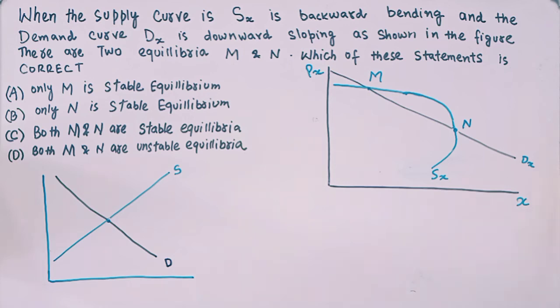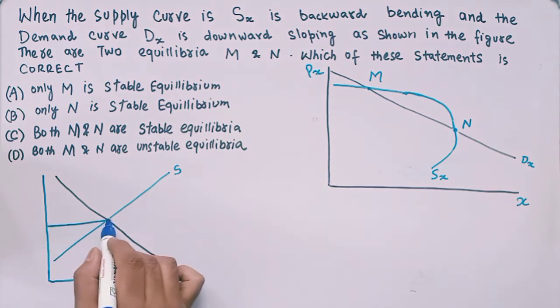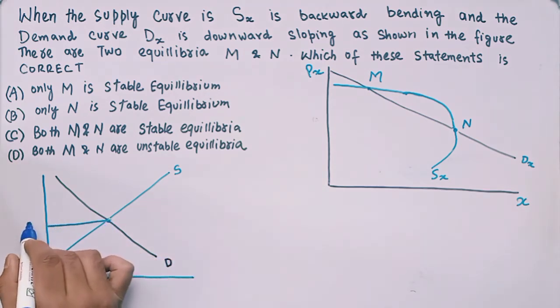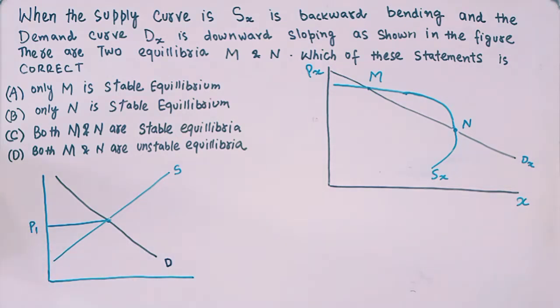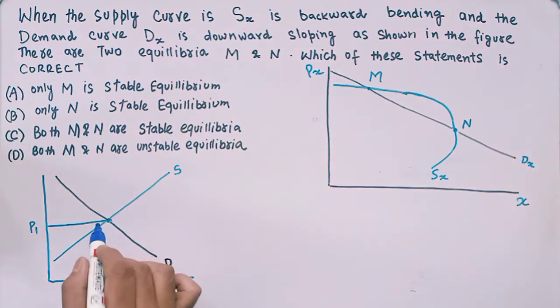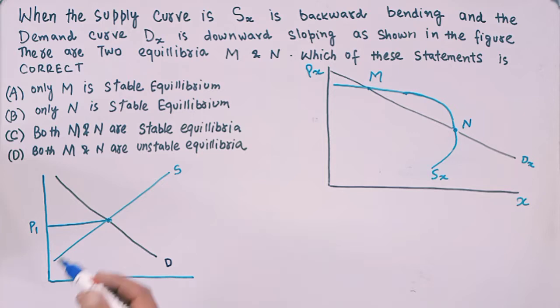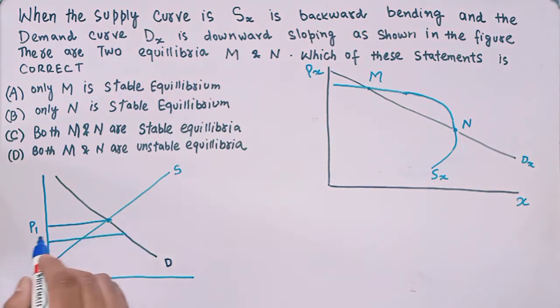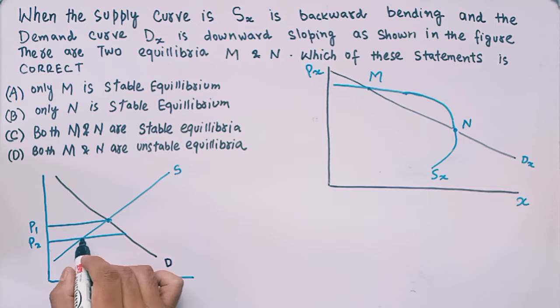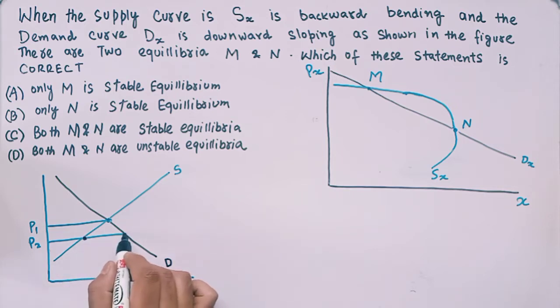Let us say this was our original price. Any deviation from this equilibrium position, let us say price decreases to P2. Now here you can see quantity supplied is this and quantity demanded is this.